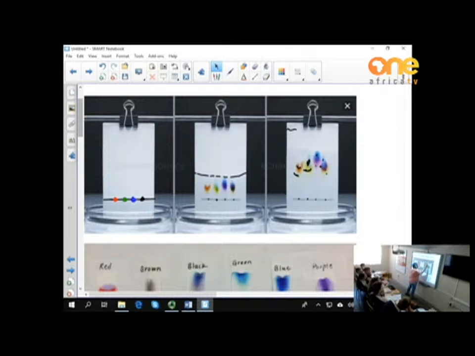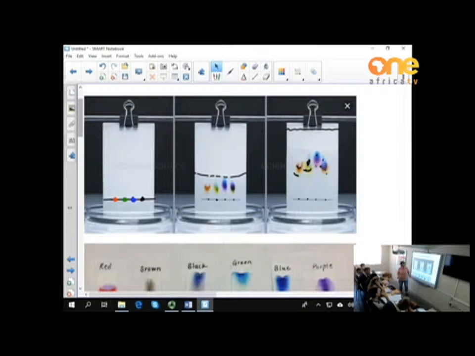Do you follow me? So we can allow these substances to be pulled up through the chromatogram, and then when the water level reaches the top of the paper, you remove it from the water, because if you left it in there, the water is going to keep moving up and it's going to move all the spots right to the top of the paper. All right? So eventually you will get a piece of paper on which there are different color markings.